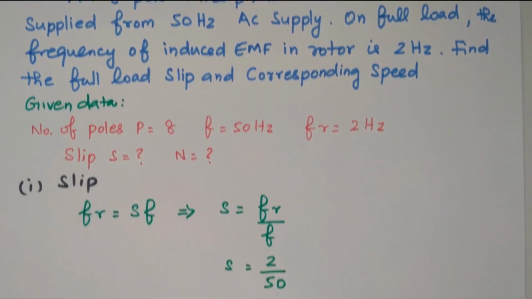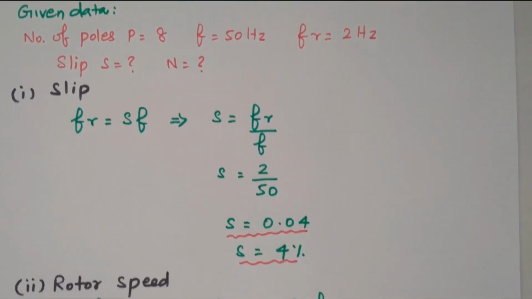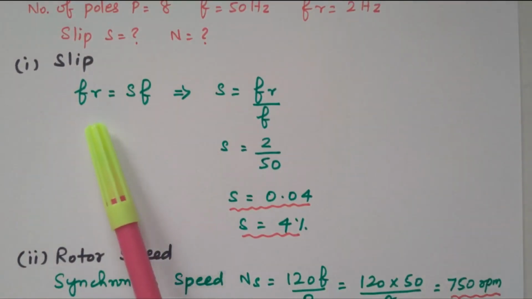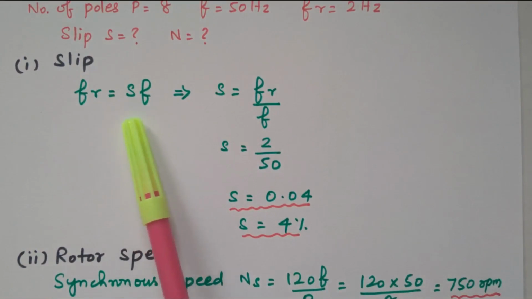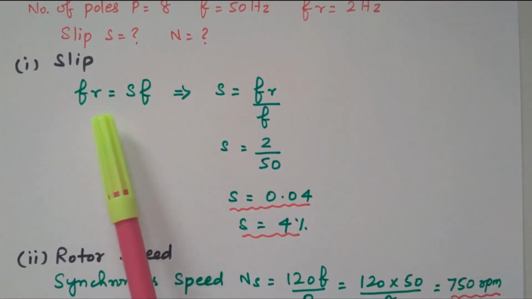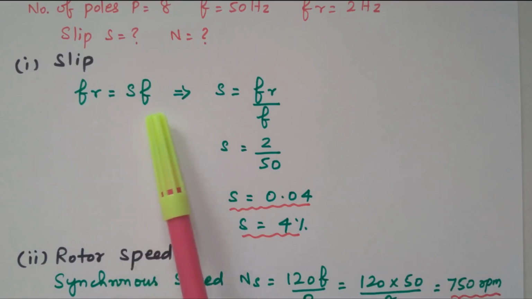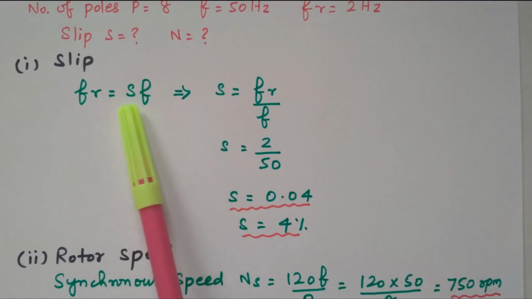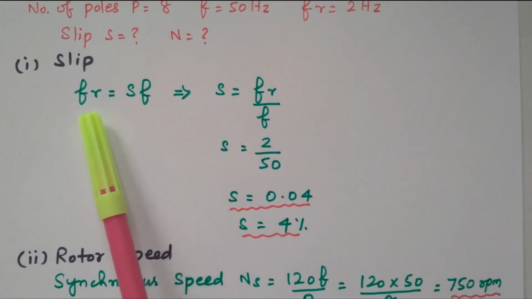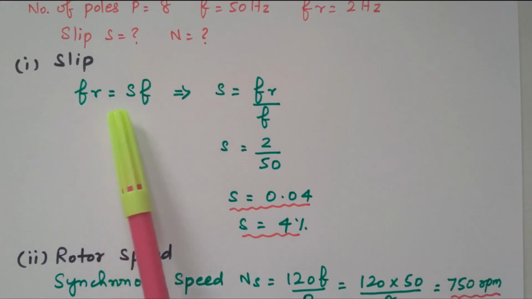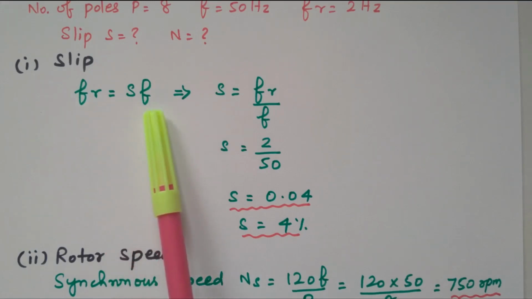First we will find the slip of the induction motor. We know that Fr equal to S into F, because we need to find the slip. The two data available are the rotor frequency and the supply frequency. So by using this formula, we can easily calculate the slip. So Fr, the frequency of the rotor, equal to slip into supply frequency.